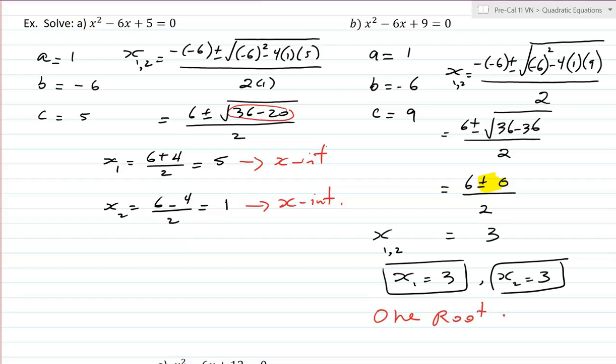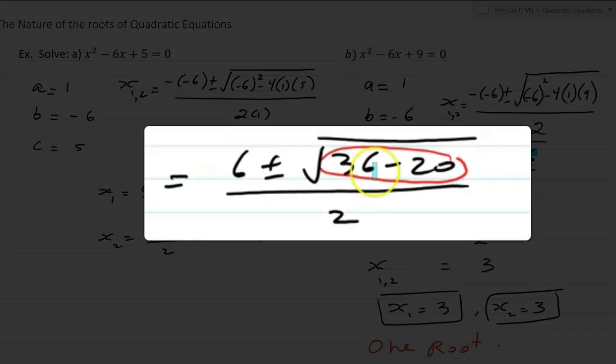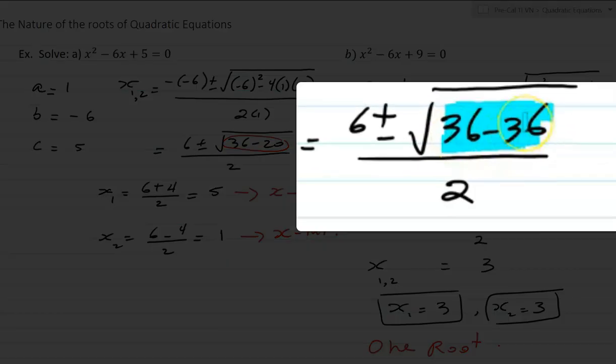Okay, and what I want you to pay attention to is the value inside of this radical again. That value inside the radical, that actually is 0, dictates how many roots you're going to have. In the first example we did, 36 minus 20, this value was positive, we got two different ones. This is now 0, you get one root.